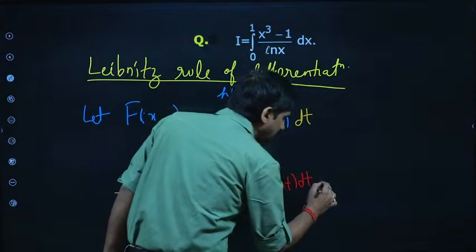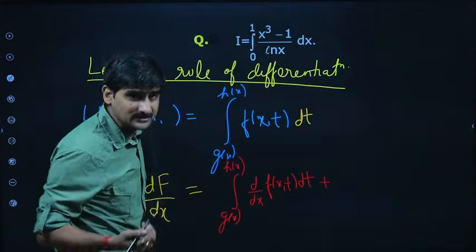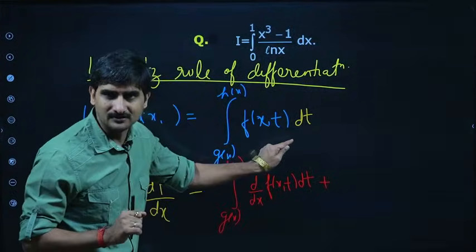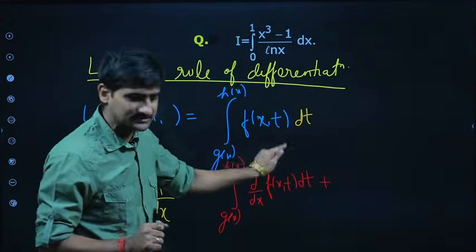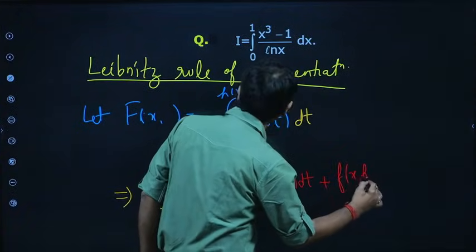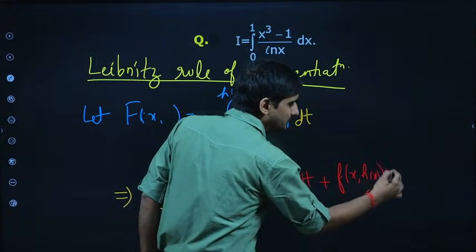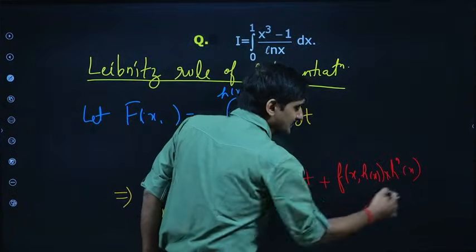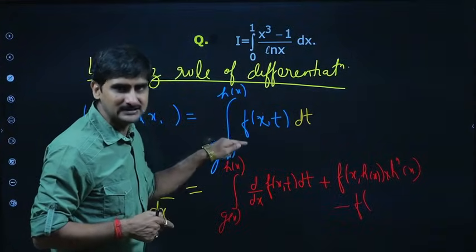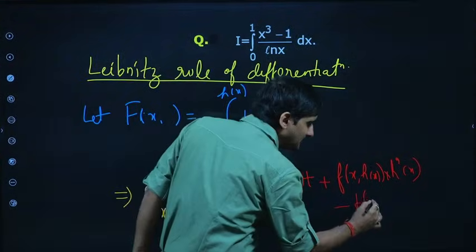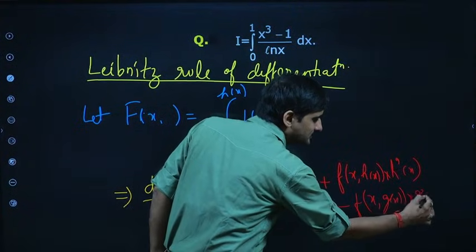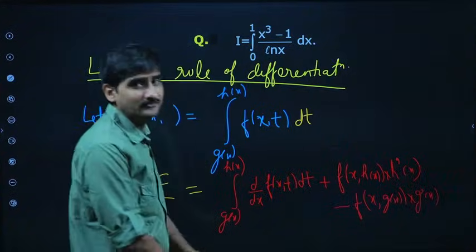Then replace the variable of the integral, that is t here, by the upper limit of the integral into the derivative of the upper limit, minus, replace t by the lower limit and differentiate the lower limit. So that's your Leibniz rule of differentiation.